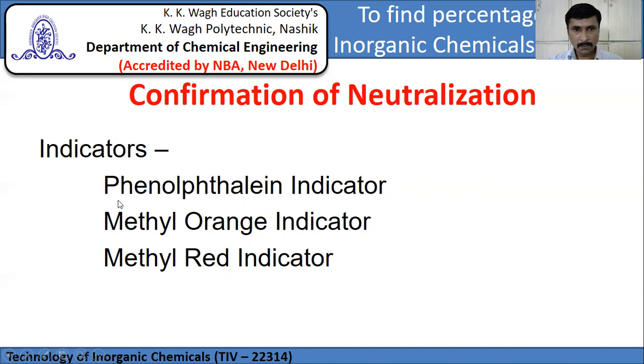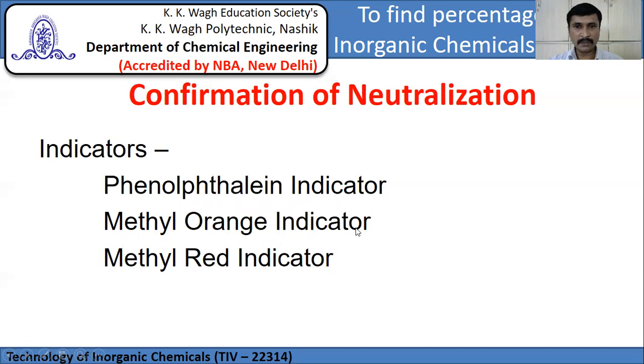Generally, phenolphthalein indicator is used in maximum cases where one of the solution, that is either acid or base, is strong in nature. Means out of these two, one should be strong acid or strong base. So in that cases, phenolphthalein indicator is used.